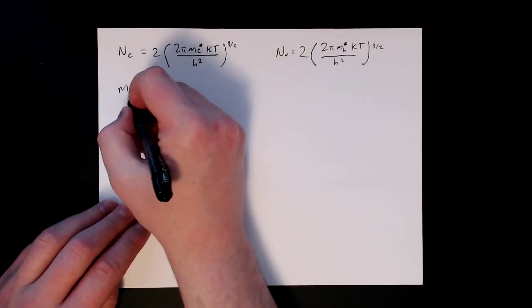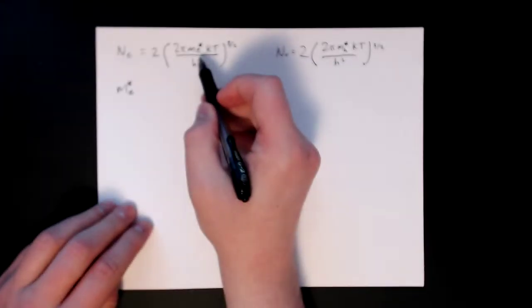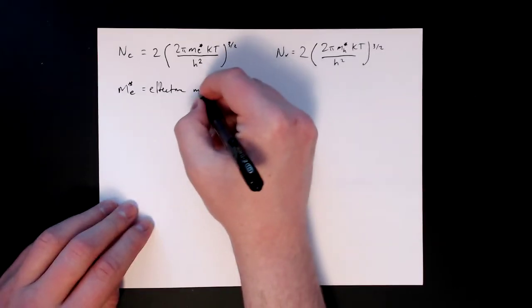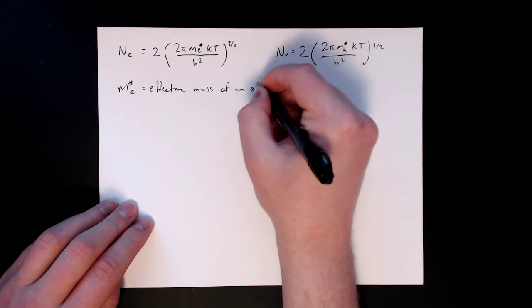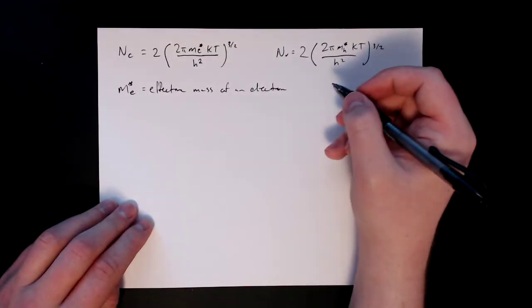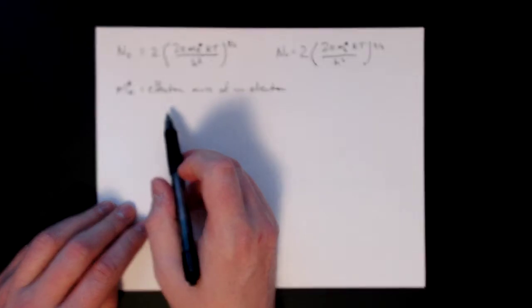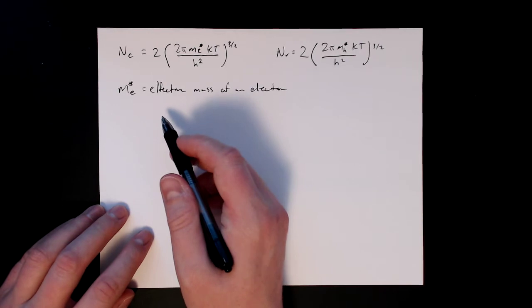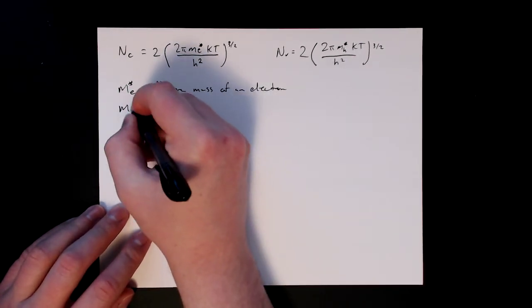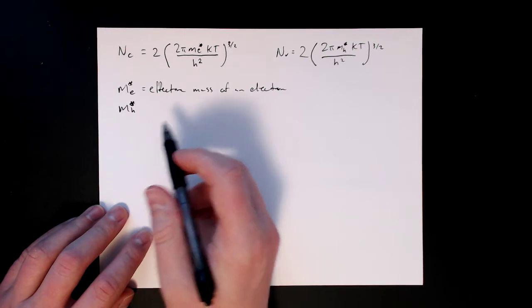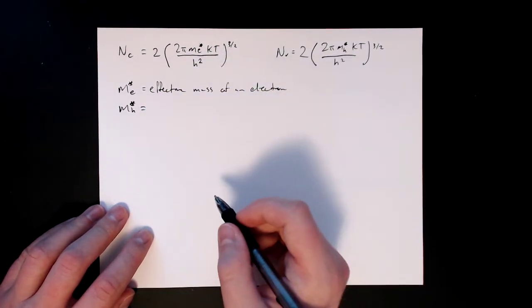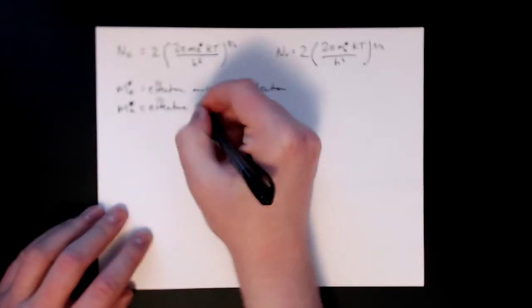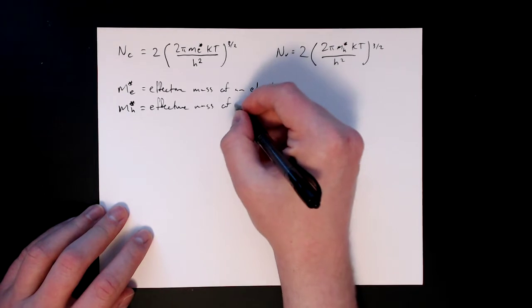This is me star, what you see up here, known as the effective mass of an electron. In particular materials, we have an effective mass because it refers to the speed it moves in that material. And the same thing, we have an effective mass of a hole, even though that doesn't really make a lot of sense, but it's talking about how quickly it travels. So this is the effective mass of an electron hole.